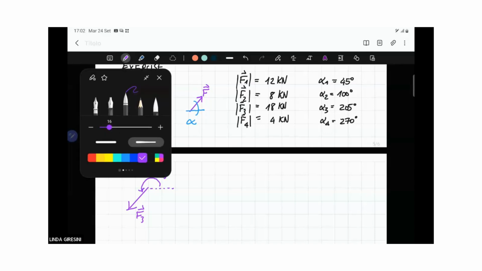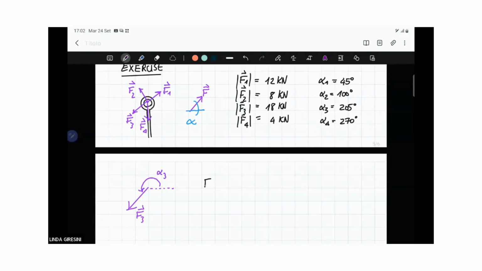So you should find here the reaction force, sorry, the resultant force. The reaction force will be later.